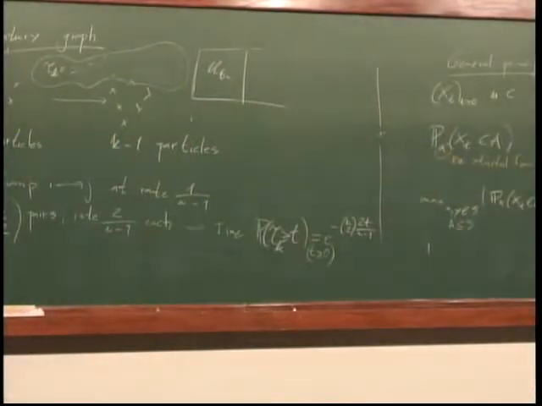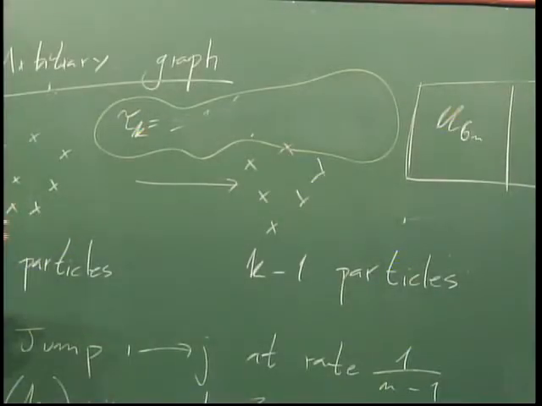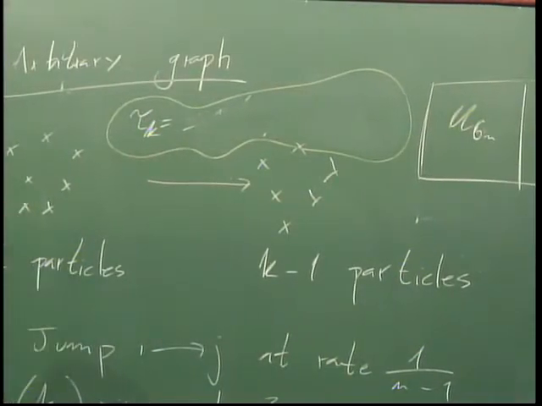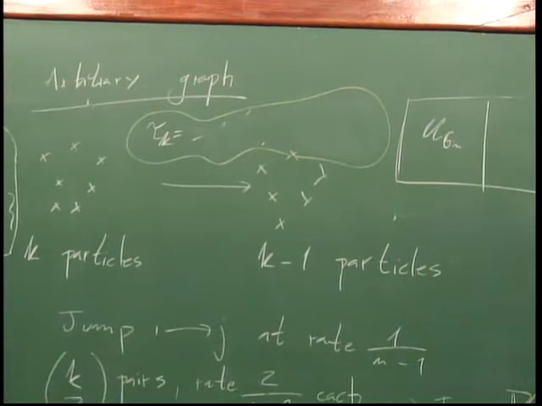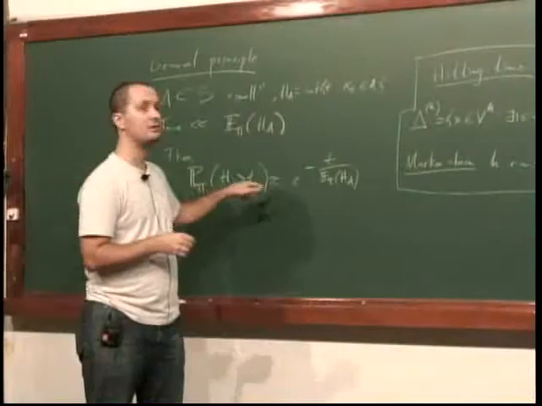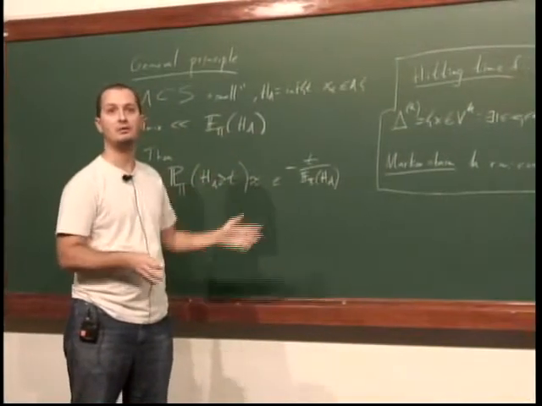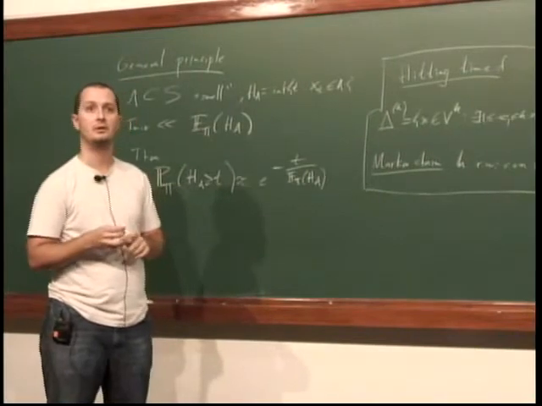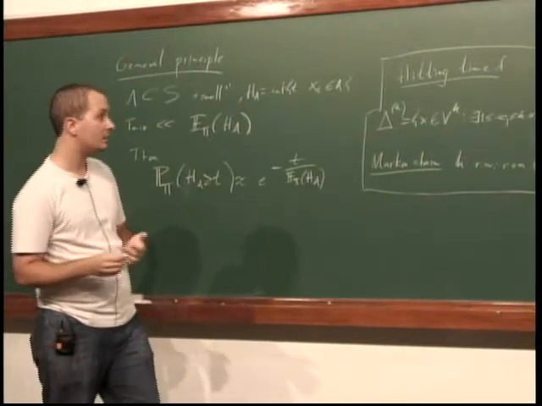First of all, when we move from k to k minus 1, we're not going to start from the stationary distribution, right? k is the number of particles we have after a long time in which this process has been evolving. So as it stands, this kind of principle is not quite applicable to our situation. So this is difficulty number 1.